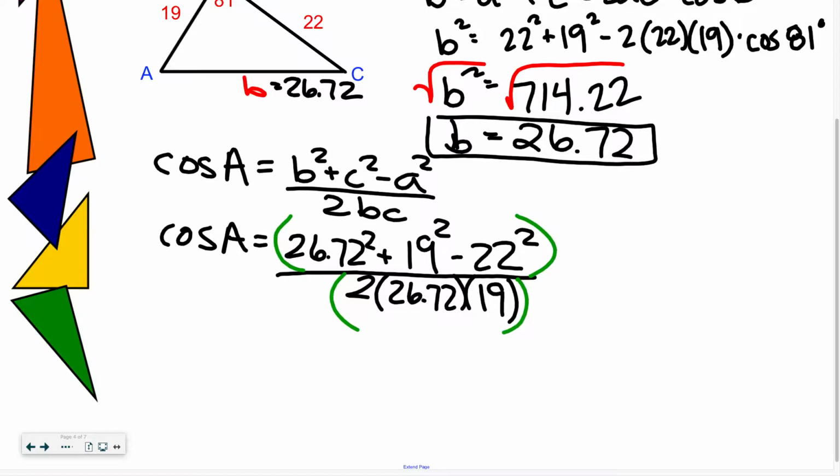So let's all type that in, whether you're doing it piece by piece, top, then bottom, then divide, or you want to try typing it all in at once. Let's see if we can get the same decimal value.